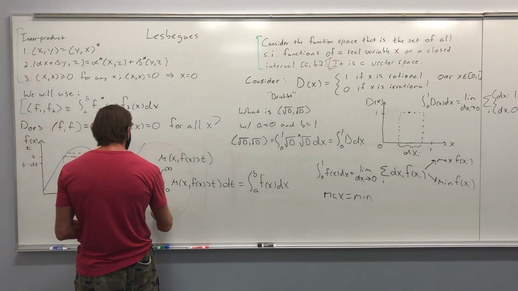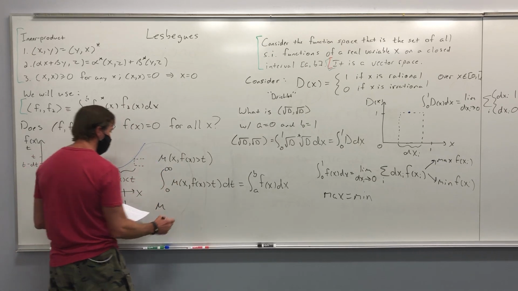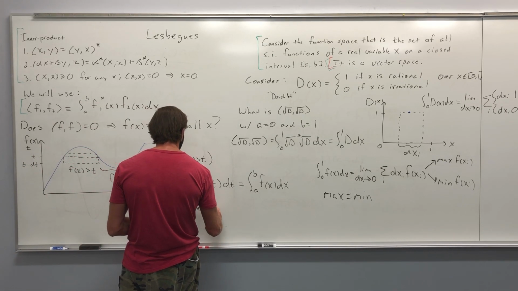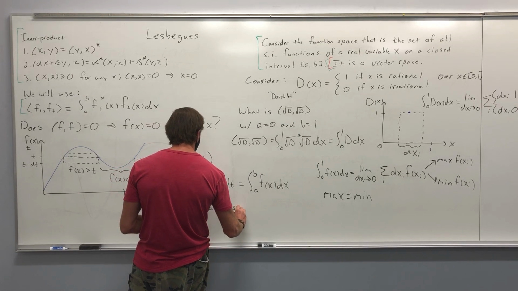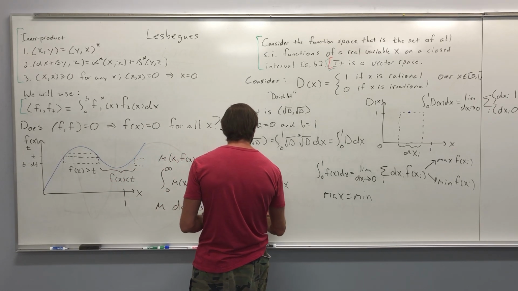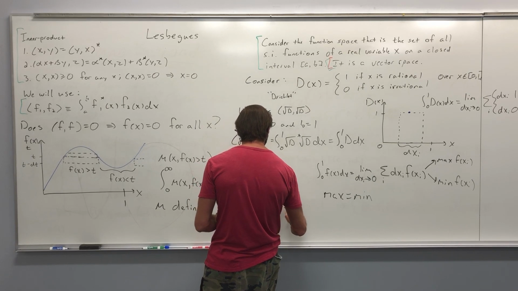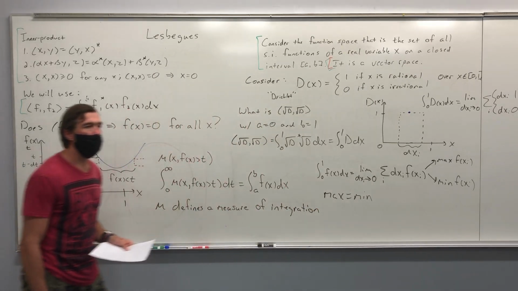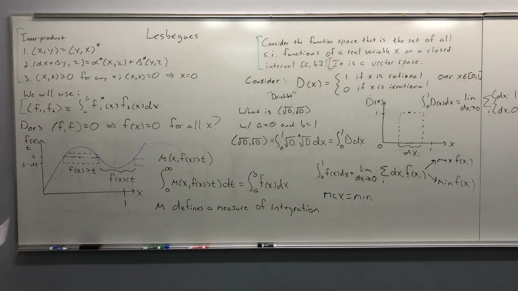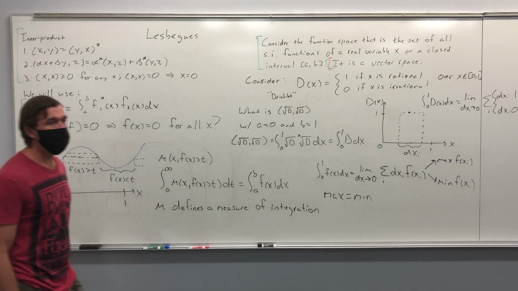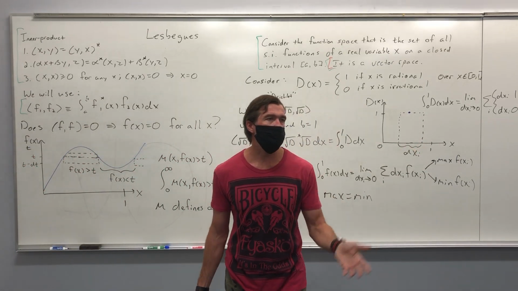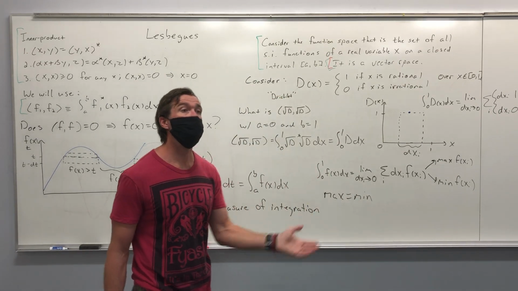Now, mu, this thing here, defines a measure of integration. Okay? You might or might not have heard of the word measure talked about in your calculus class, but in this case it's just dx. But the measure can be many different things, especially in multidimensional integrals.